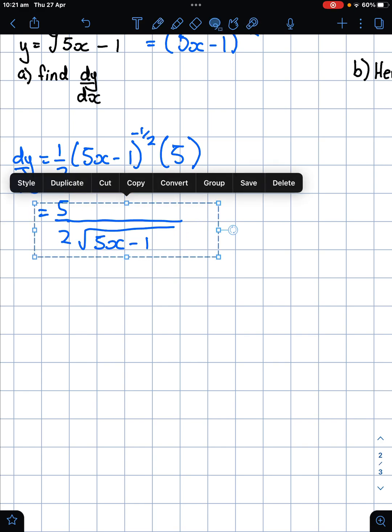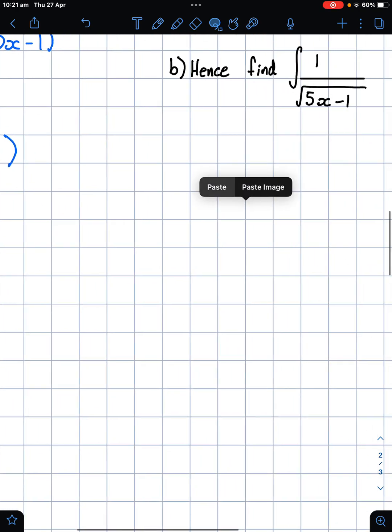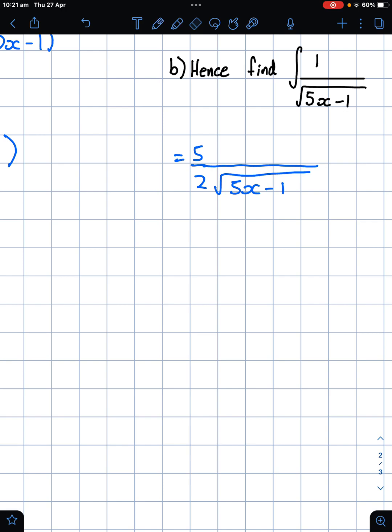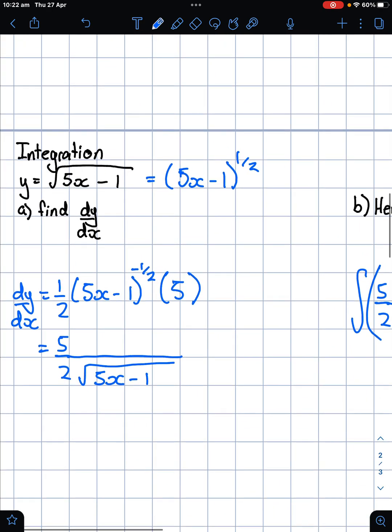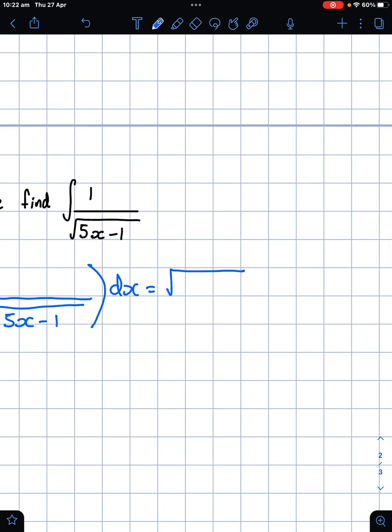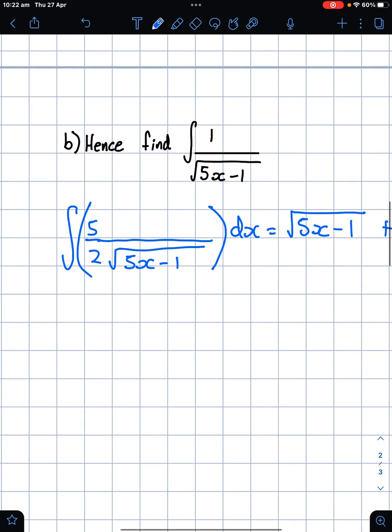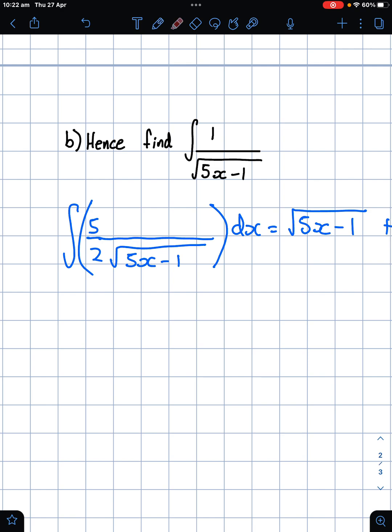So I'm going to get a bit lazy. I'm going to drag this over. So if I put this over here, and we get rid of this, this means that if I do the integral of this thing dx, it's going to equal our original function, which was square root 5x take 1 plus c. Now, this is pretty good at the moment, but you'll notice the difference in these functions is that I've got this 5 and 2 here.